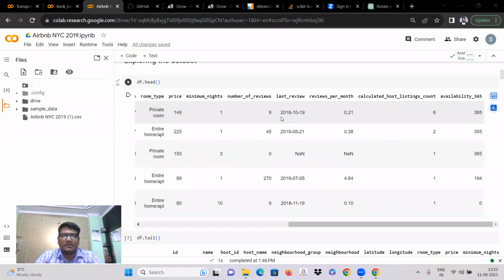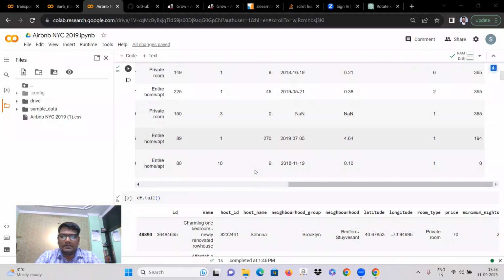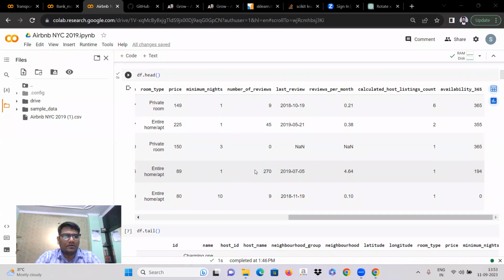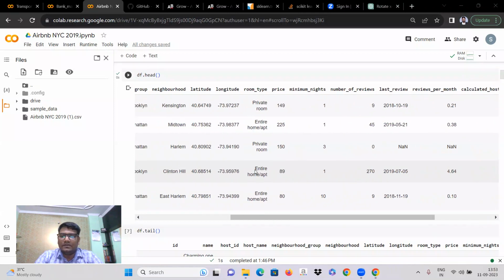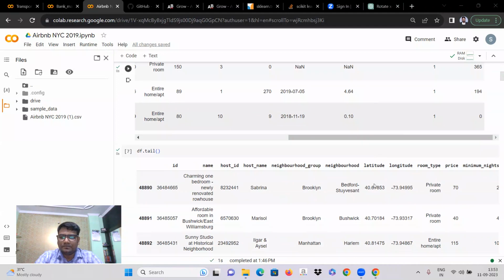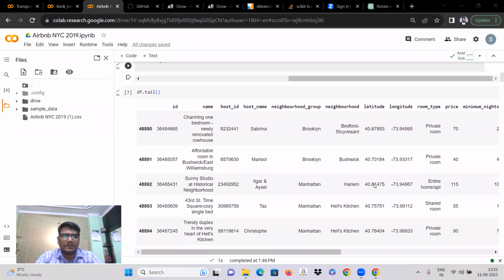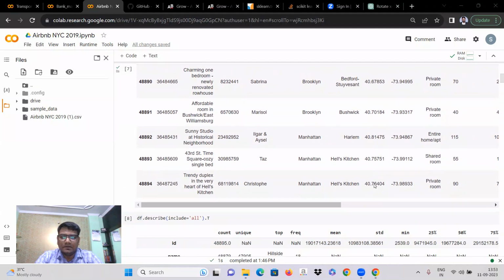And this is the information about the reviews and the availability of that residence throughout the year.